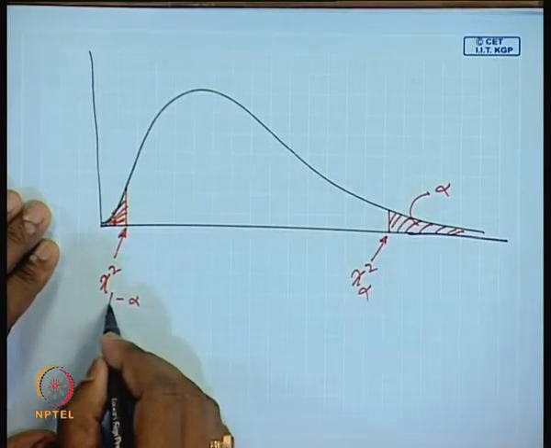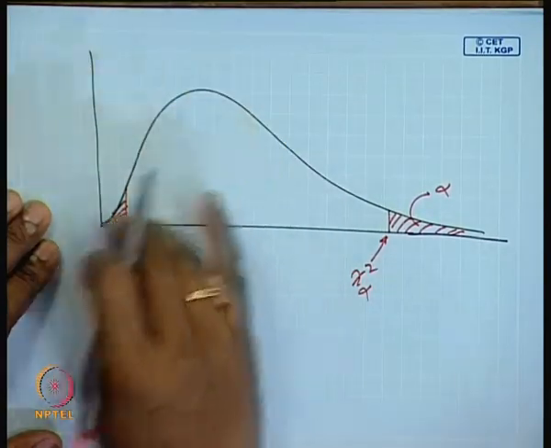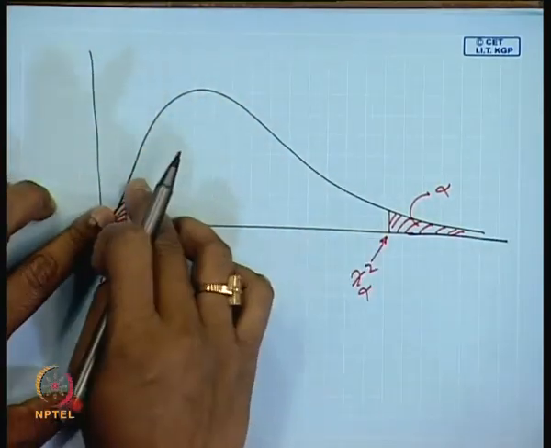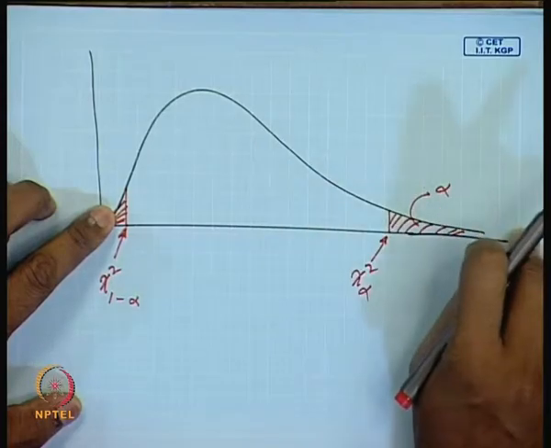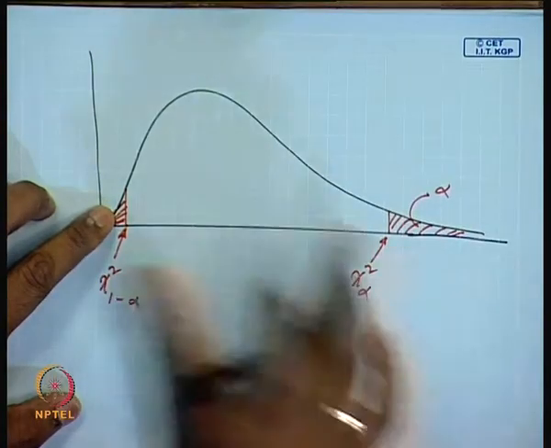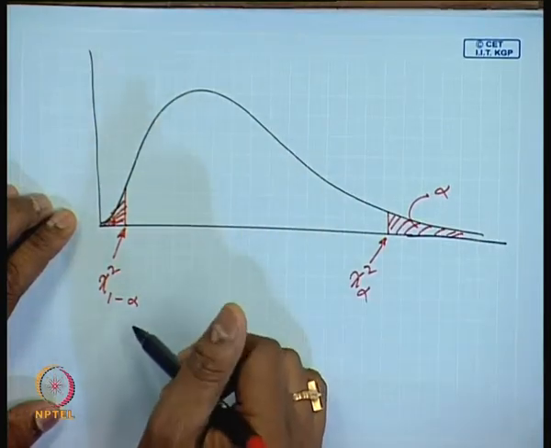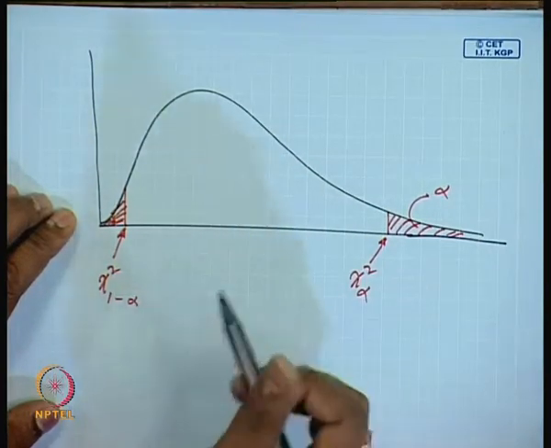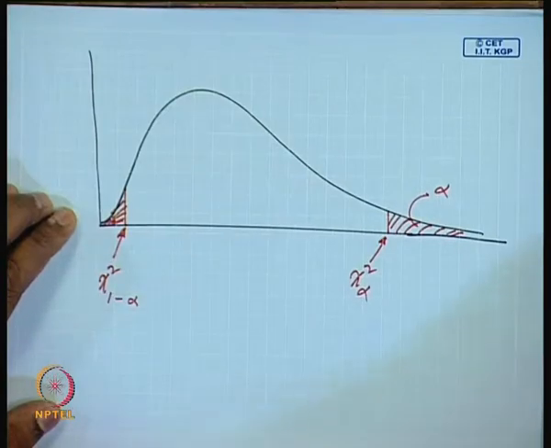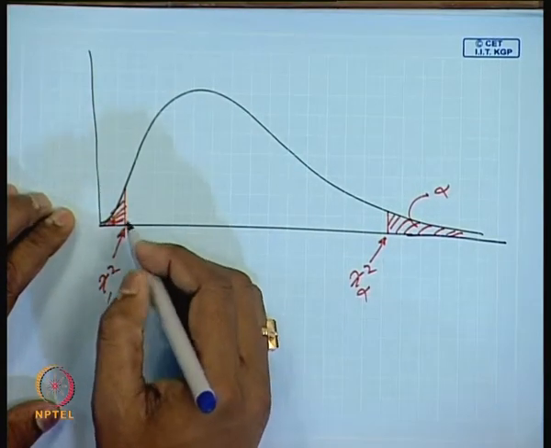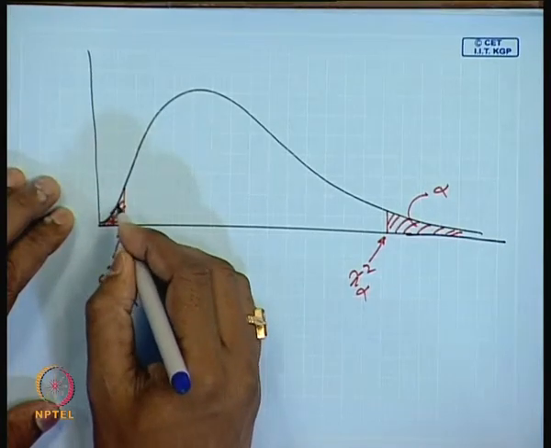Here chi-square 1 minus alpha means the total area below this curve is 1, so this full area, the white area as well as the shaded area, is 1 minus alpha, and these are for the one-sided test. Now, at this significance level alpha, if we go for the two-sided test, then obviously we are testing 1 minus alpha by 2, which will be a little smaller than this one.